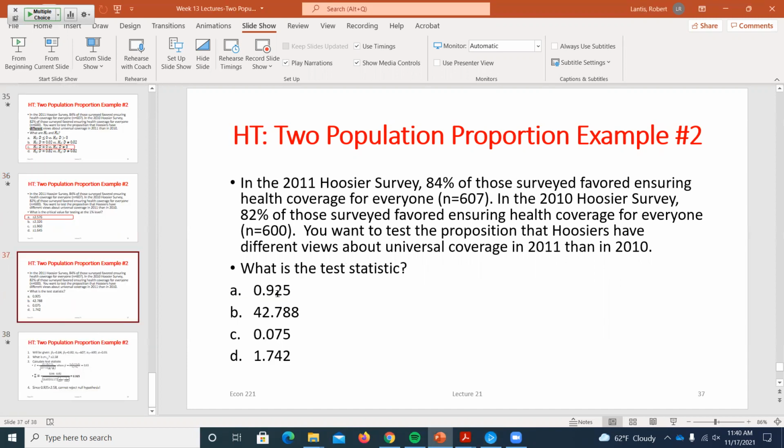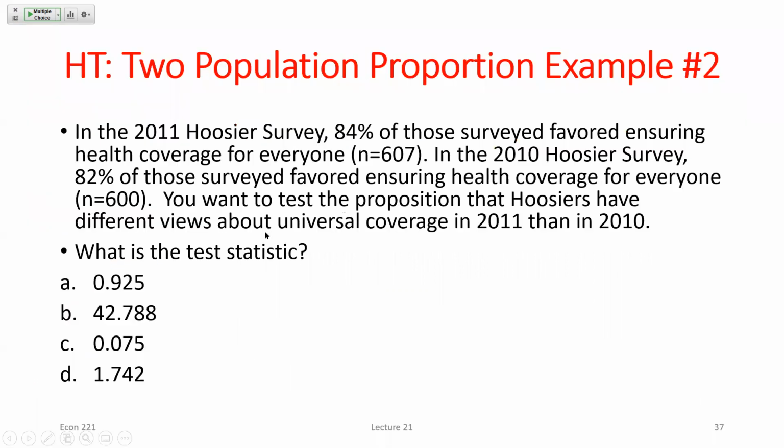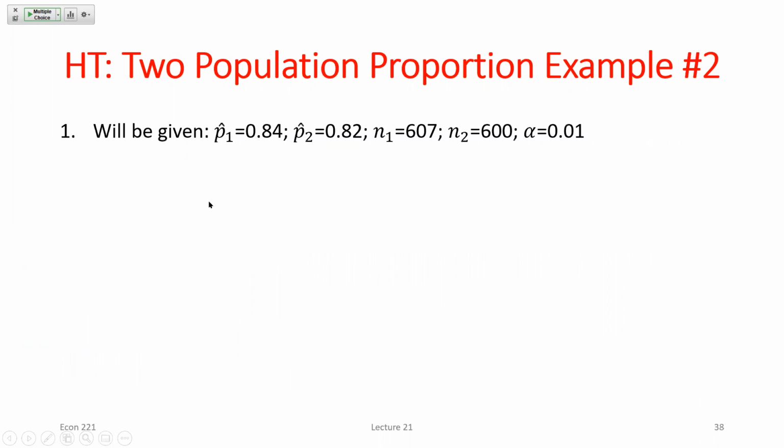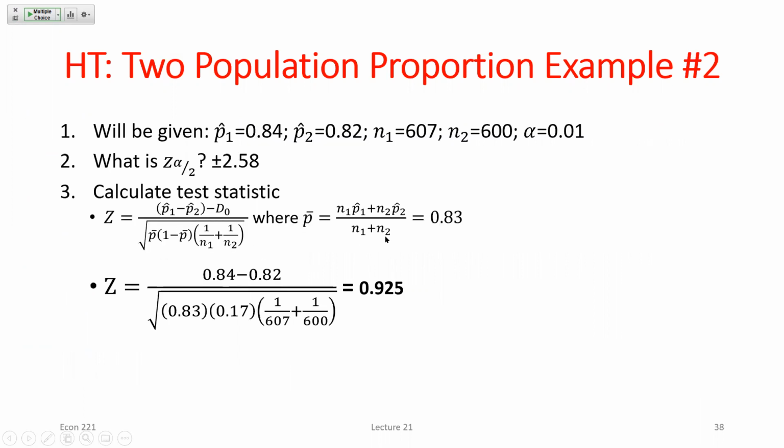So I then could come up with my test statistic. Once again, the test statistic is really just going to be a matter of computation. I've got my two sample proportions. I've got my two sample sizes. So that's just going to be a matter of plugging all of my values in. So 0.84 and 0.82 are my two sample proportions. 607 and 600 are my two sample sizes. I can come up with P bar. So that ends up being 0.83.